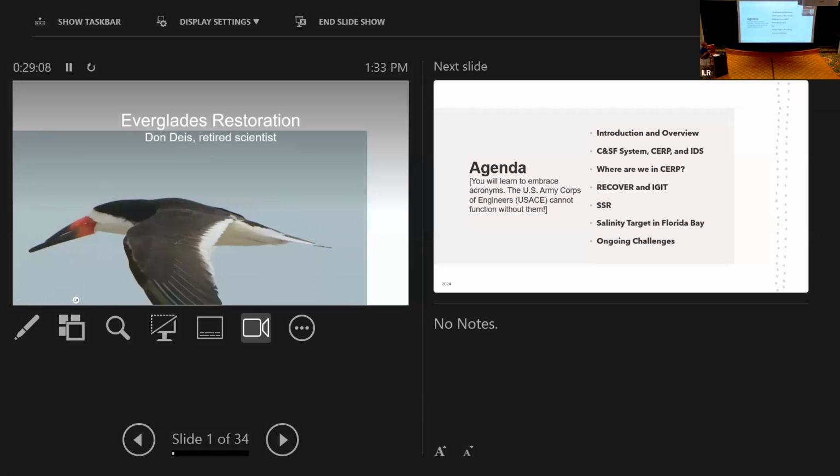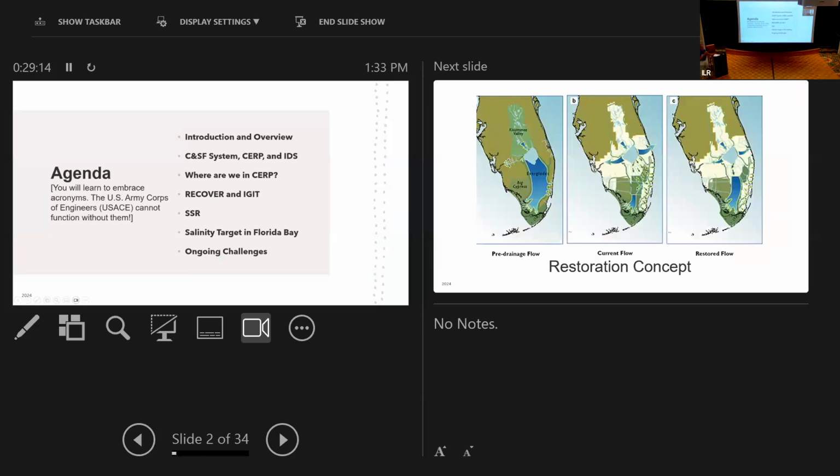Well, this is the outline for the agenda for the talk, and you will learn acronyms here. I think that every one of the meetings that I started with the Corps of Engineers, when I worked with them, we decided on acronyms for the project first. So there'll be an introduction and overview. You'll learn about the C&SF system, CERP, IDS, and where we are at with CERP.